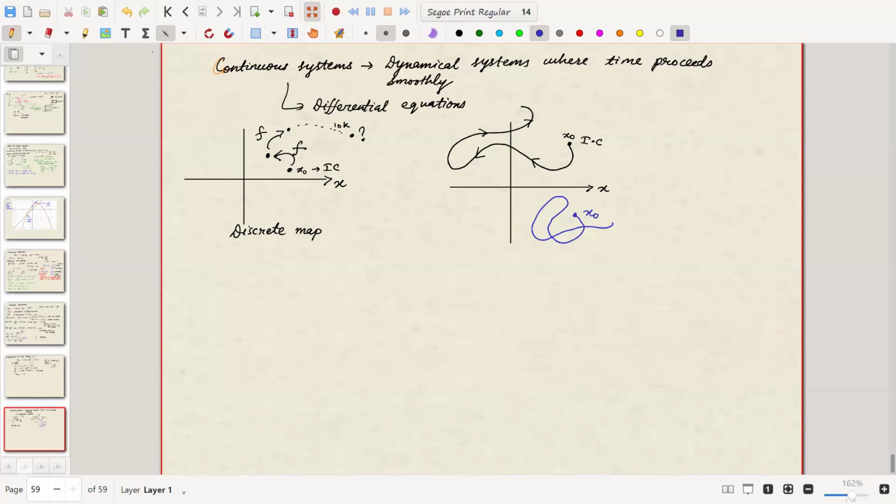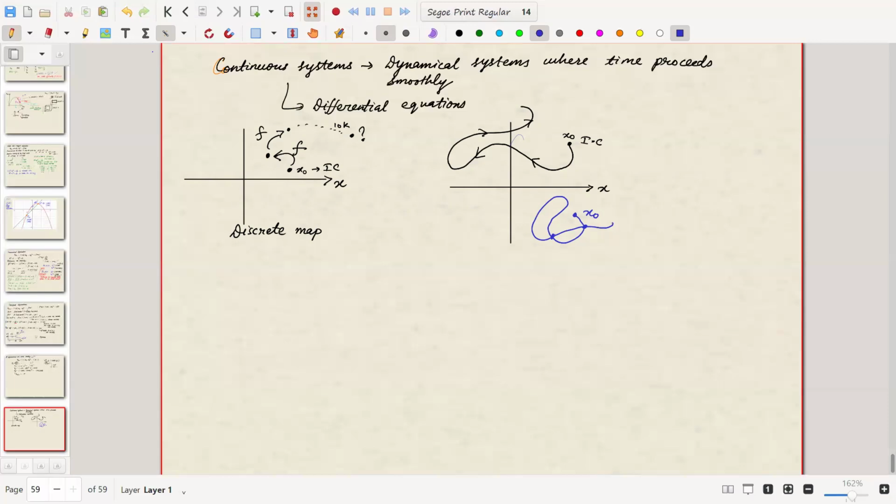Here there were no self intersections, but here you can see there is a self intersection. Now my question is, can it happen in this continuous system? What do you think?